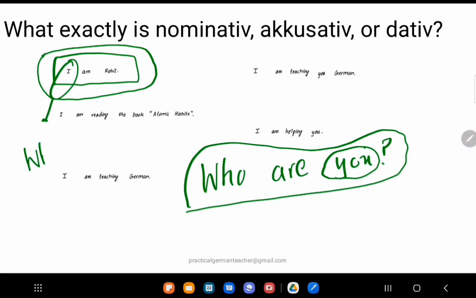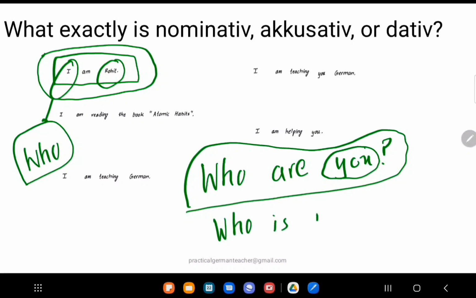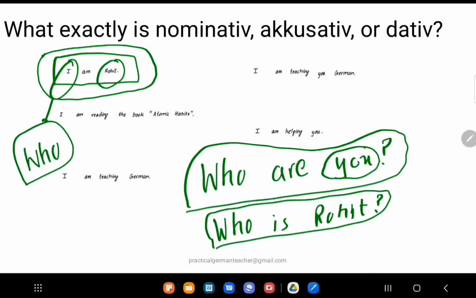Then let's say someone hears this name Rohit and they may ask, who is Rohit? Then I can say, I am Rohit, or maybe if you know me, you will say, he is Rohit, or there Rohit is. So again, this one is a who kind of question. So whenever the question is who, that can replace the object, it is nominative.